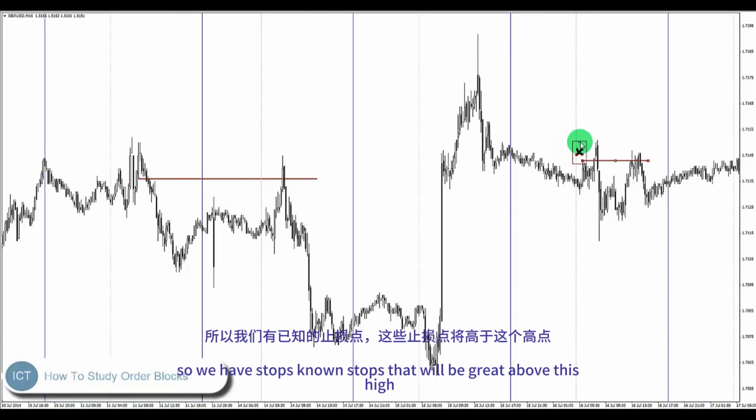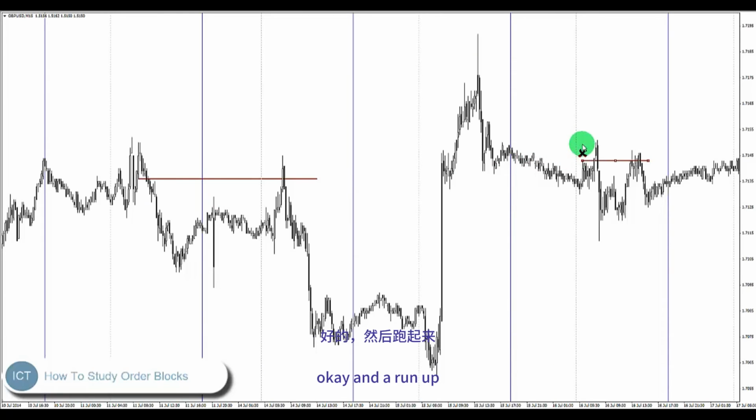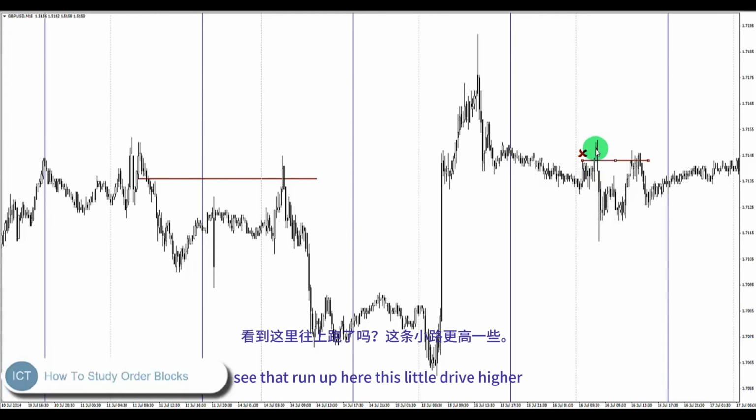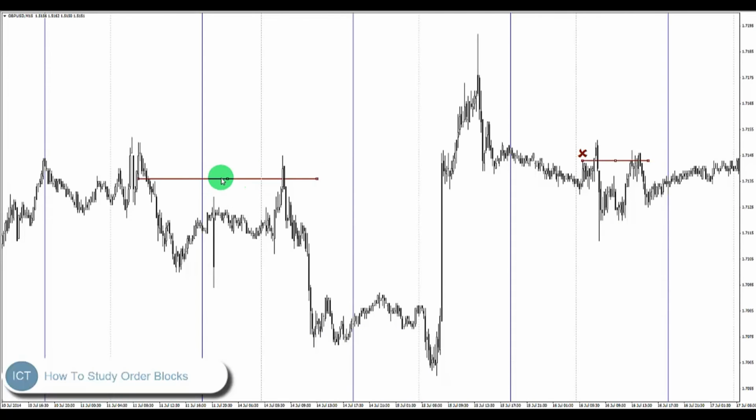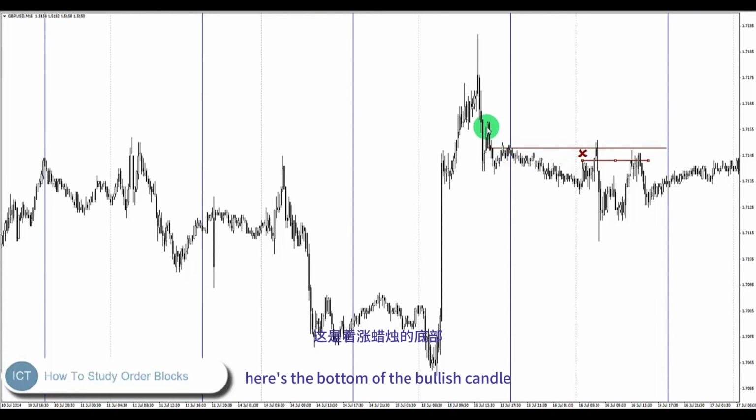So we have stops, known stops that will be right above this high, and a run up. See that run up here, this little drive higher. Where's the order block that it's reaching for? Here's the bottom of the bullish candle.